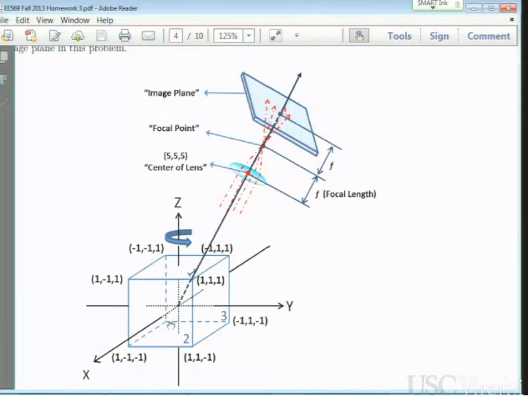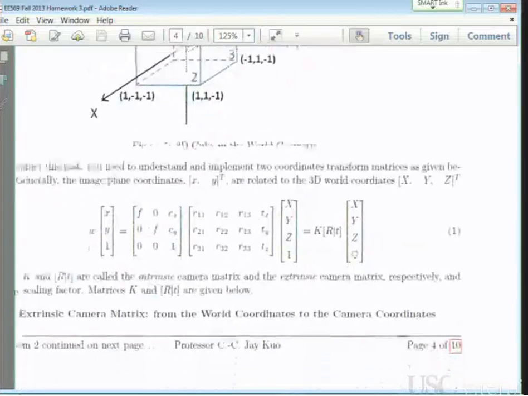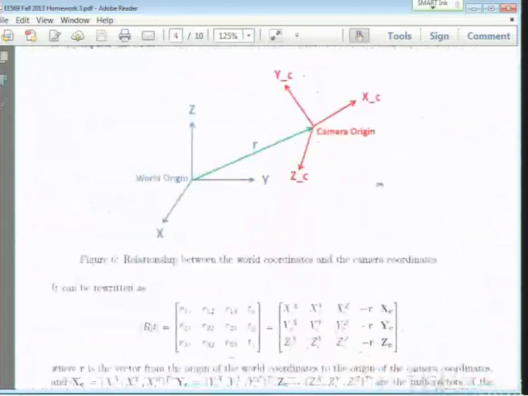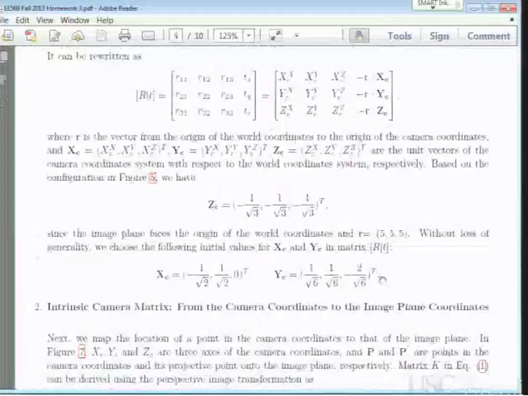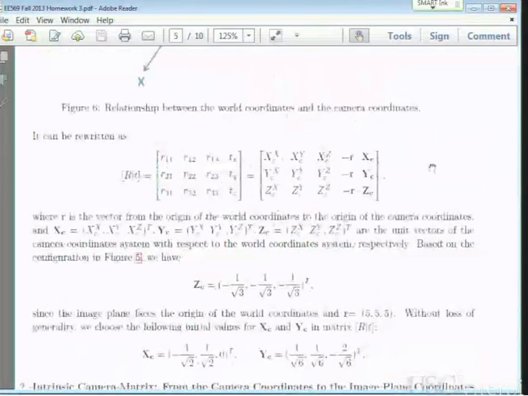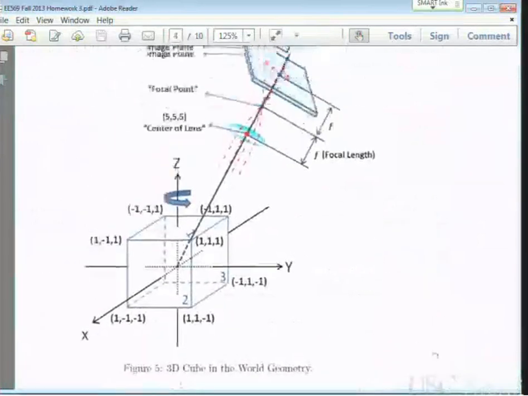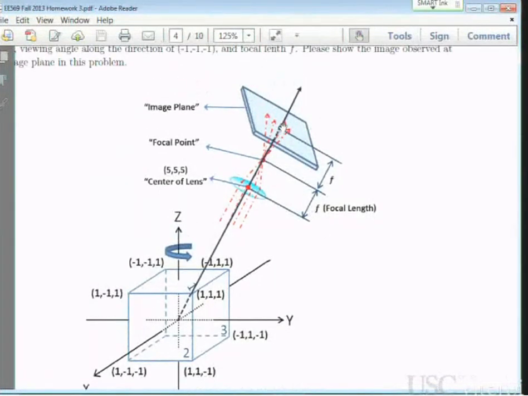So you need to find the R. Actually R is 555. That's the origin, right? That's the camera location. So the center of the camera is 555, and then there is a cube here.